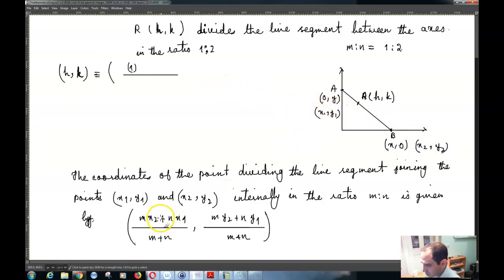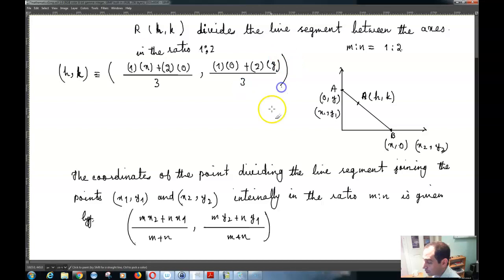So that would be m times x2, which is equal to x, plus n times x1, which is equal to 0, and you want to divide that by m plus n, which is 1 plus 2, which is equal to 3, and the y coordinate of this point is m times y2, so that's 1 times y2, which is equal to 0, plus n times y1, so 2 times y1, which is equal to y, divided by 3.